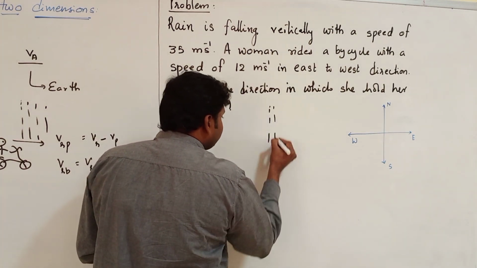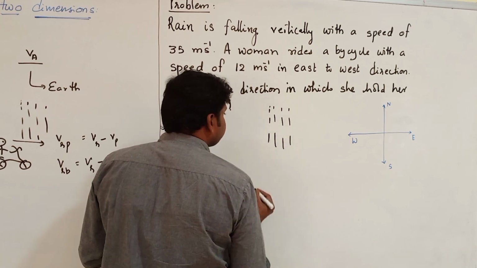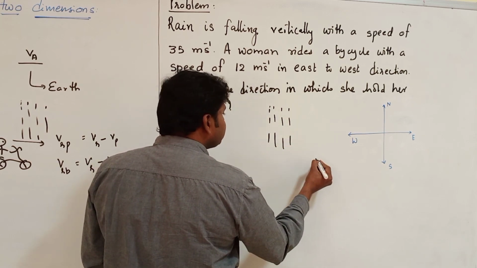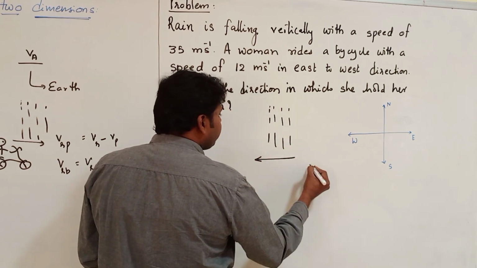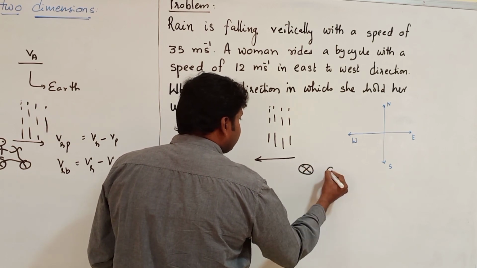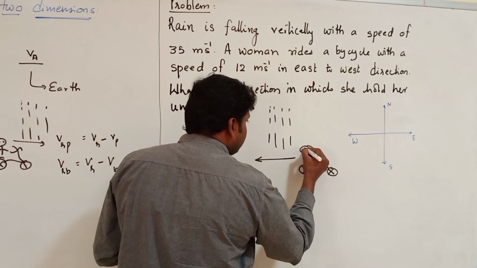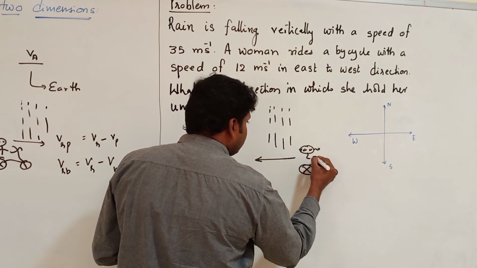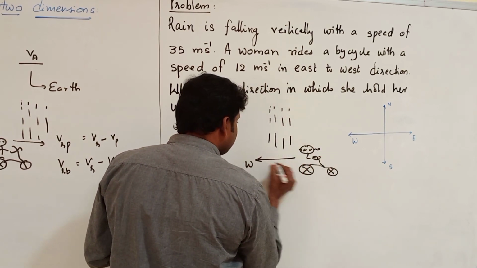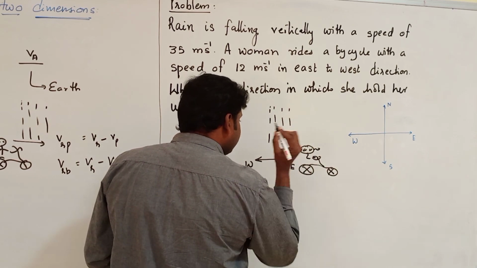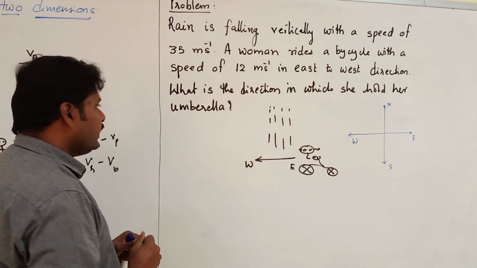Now, first drawing a simple diagram. Rain is falling down and she is moving on the bicycle, towards the west, from the east direction. How to write this?